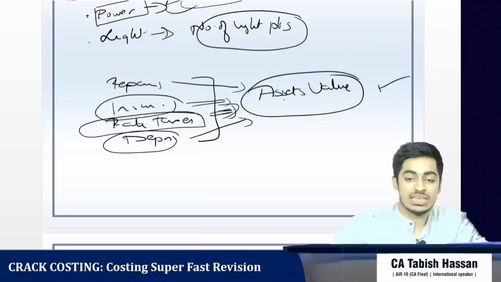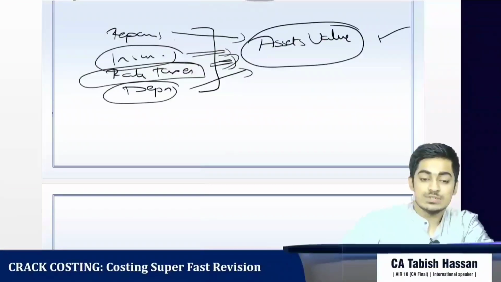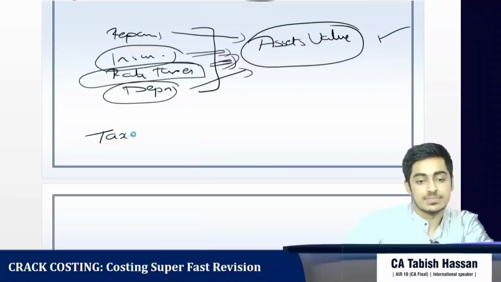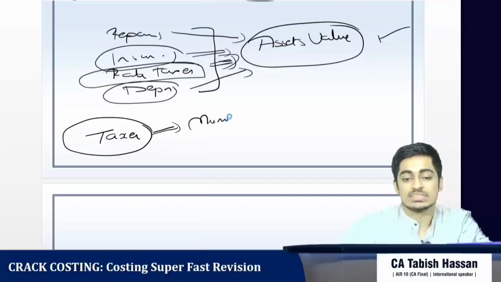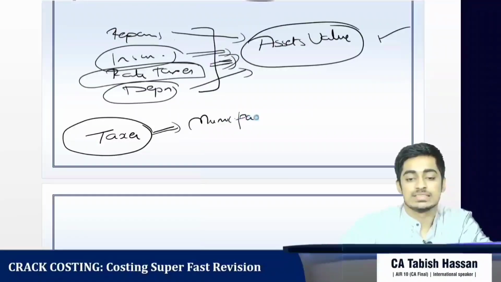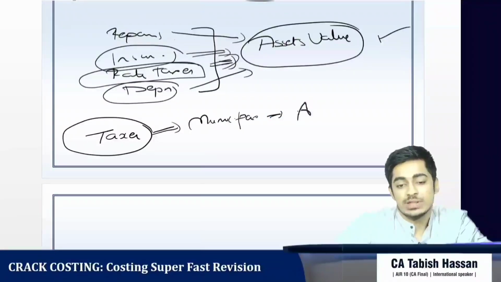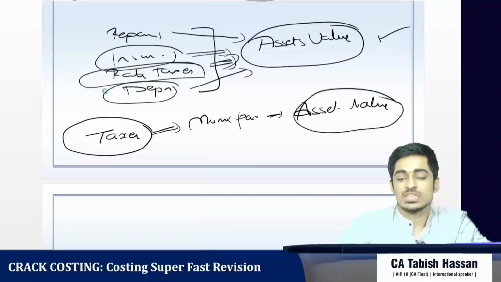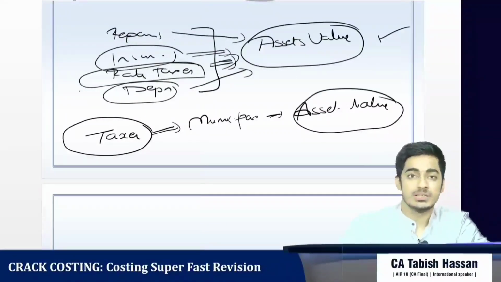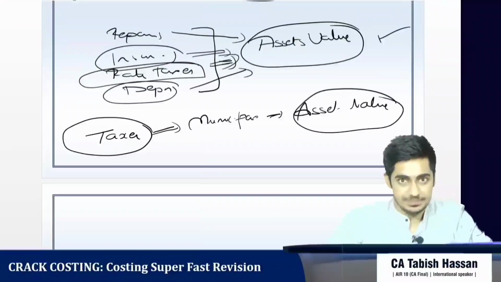So it is again based on asset value. Then if the question gives us only taxes, what to consider? We consider them as the municipal tax or the property tax, and accordingly we distribute it based on asset value. So these are the important points to be remembered while doing apportionment.